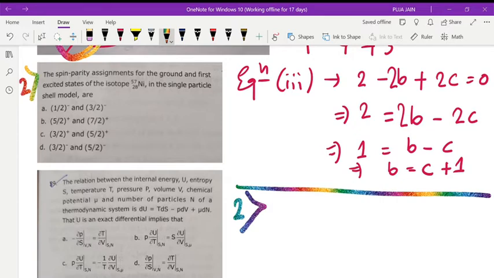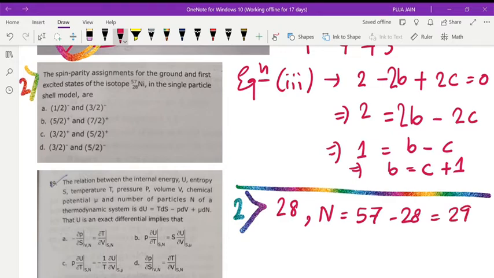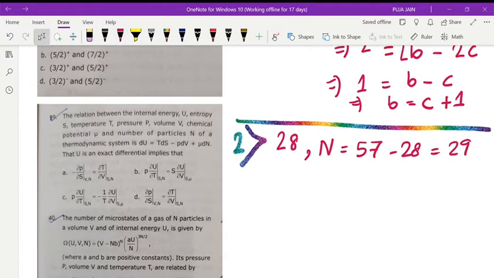So here first you see the number of protons is 28. We have to find the odd number, right? So the number of neutrons is what? 57 minus 28, that we are getting is 29. Now next step, we have to write the shell model configuration. We know 1s half.